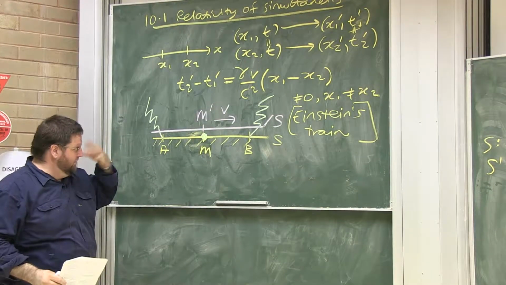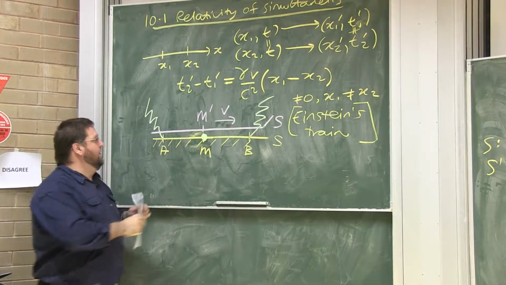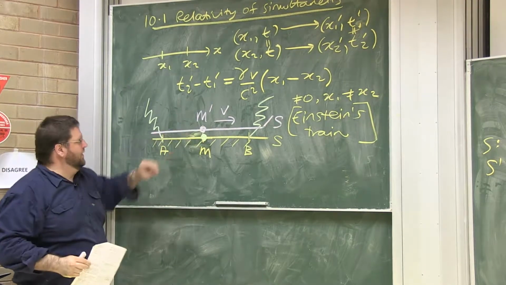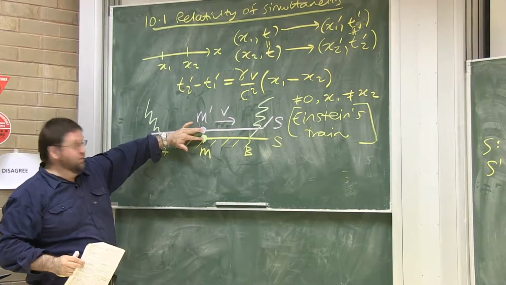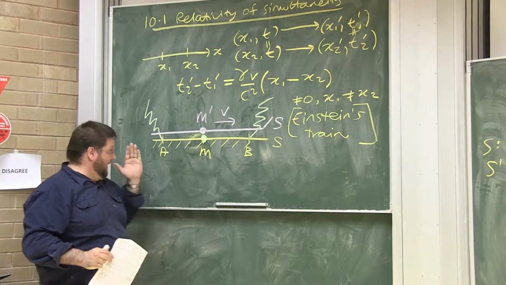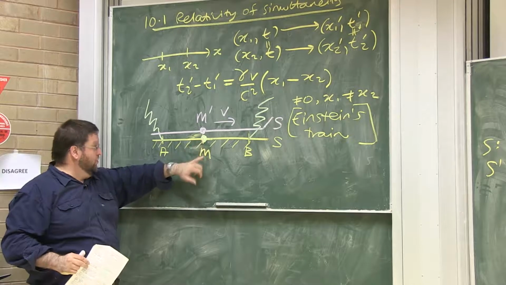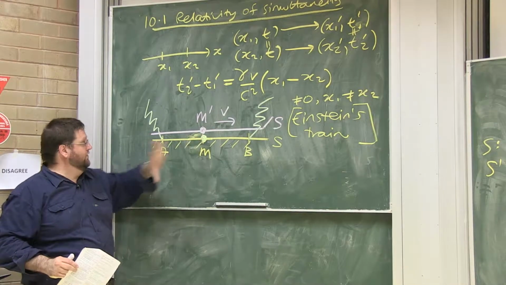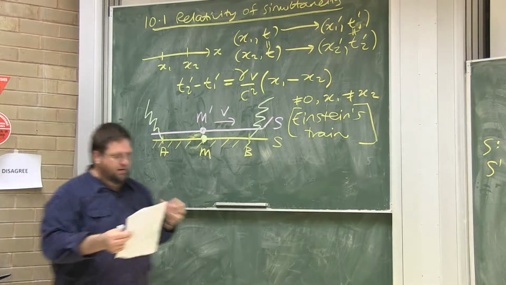Again, this is an idealized thing. These observers are infinitely small points. They're infinitely close together so that they can be considered coincident. And at a given instant of time, which according to S is when they receive the light signals, these two observers are infinitely close together, so idealized.